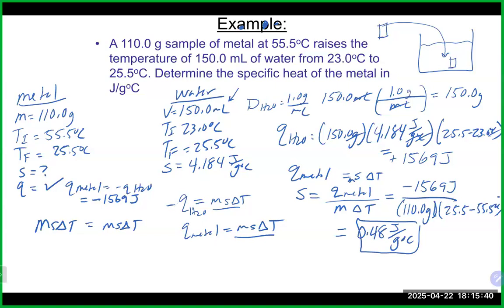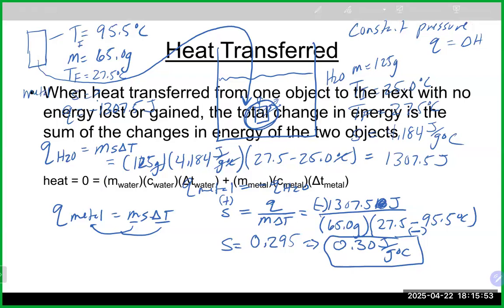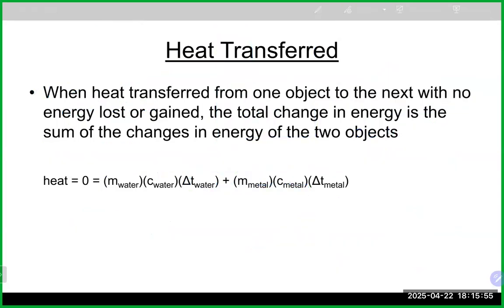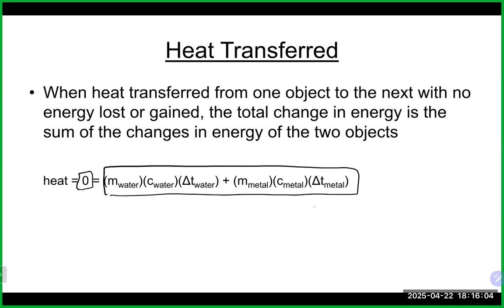I got to distribute that negative into one of those. So you got to have that negative distributed on one side to make everything work out right, because it should equal 0. And that's sort of what I scribbled all over on this page. So that's basically what this is saying. The overall heat should equal 0, which equals both of those together. But if you set these equal to each other, you got to distribute a negative basically on one of them. Otherwise, again, it won't come out correctly.